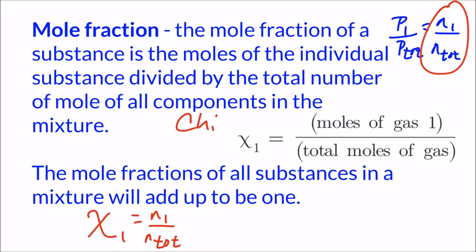And also, since this side right here is a mole fraction, that means a mole fraction is also equal to the pressure ratio we talked about. So we can say then that the mole fraction of a specific gas is equal to the partial pressure of that gas over the total pressure of all of the gases in that sample. So we actually have two different equations for mole fraction now.